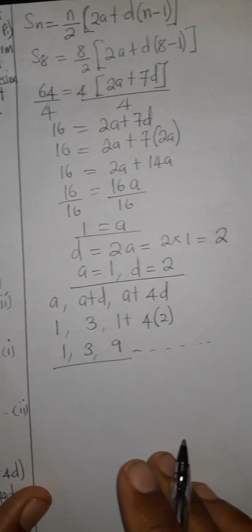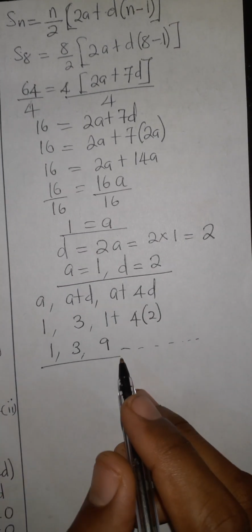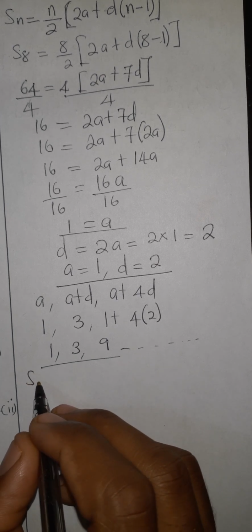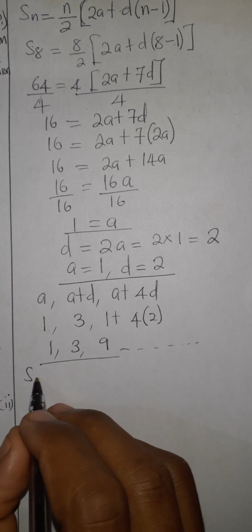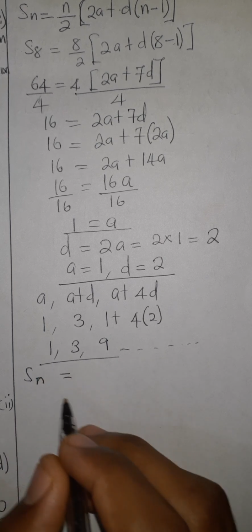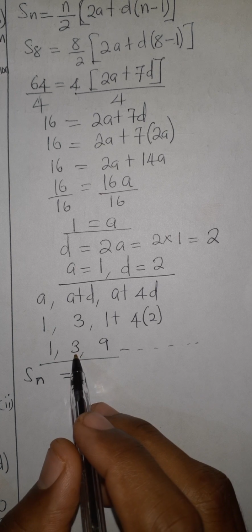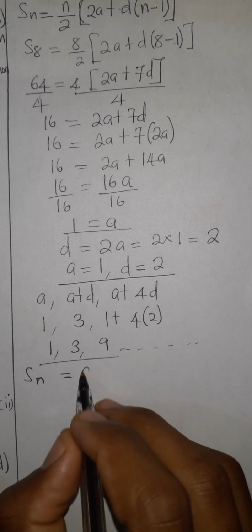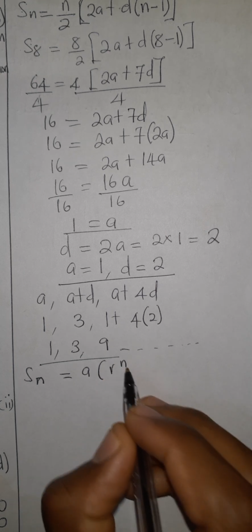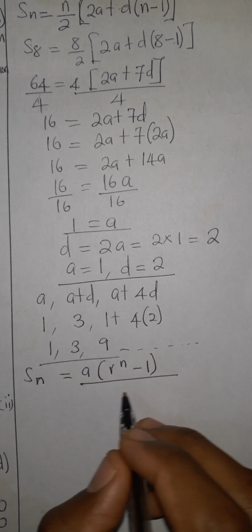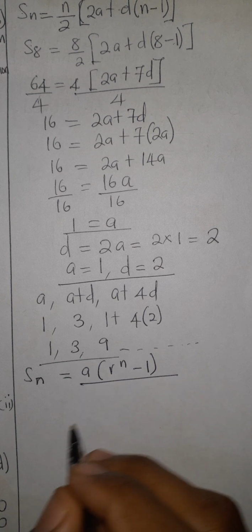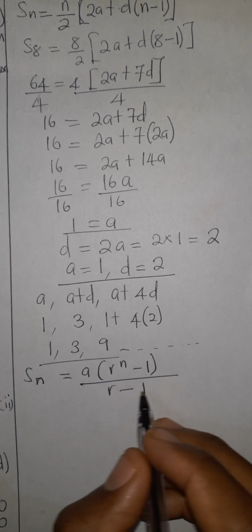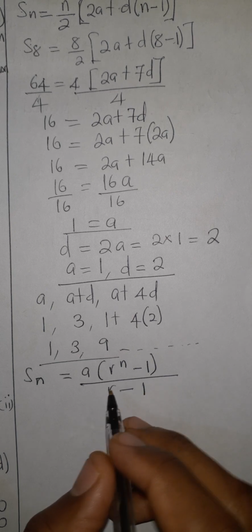Since this is our sequence, to find the sum we use the formula which says the sum of n terms is equal to, if the common ratio is greater than 1, a open bracket r to power n minus 1 bracket over r minus 1, assuming that r is not equal to 1.